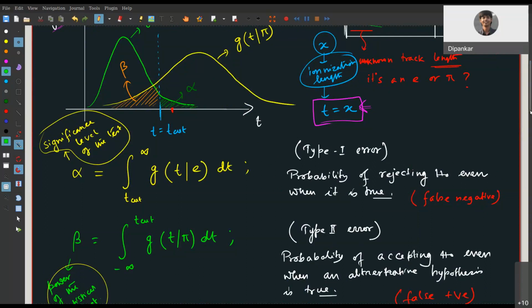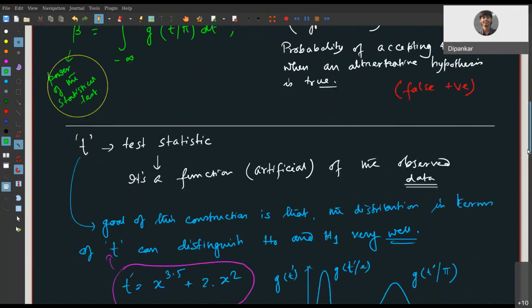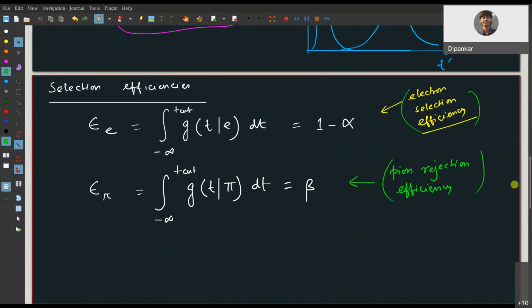Now, depending on the nature of the data analysis, or the nature of the experiment you want, if your data analysis demands that you need a sample of electrons as pure as possible, so it does not depend on the total number of electrons so much as on the purity of the electrons.